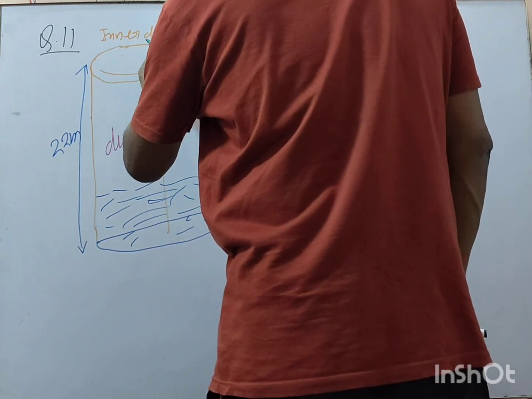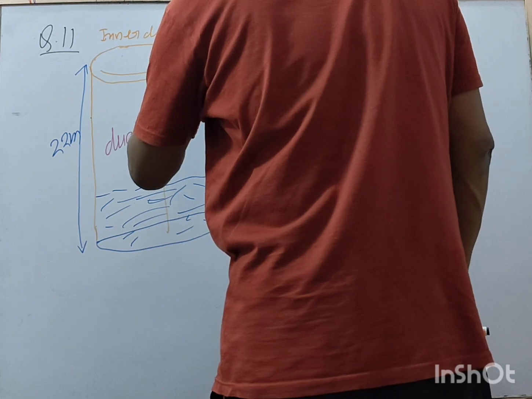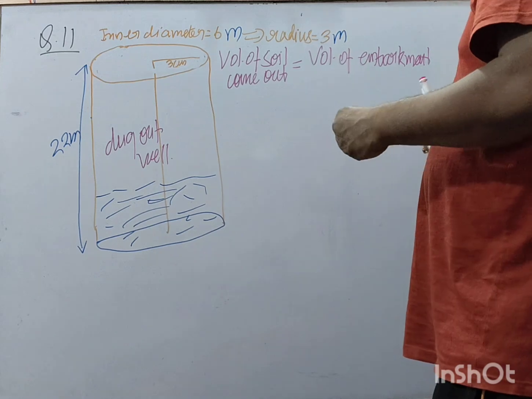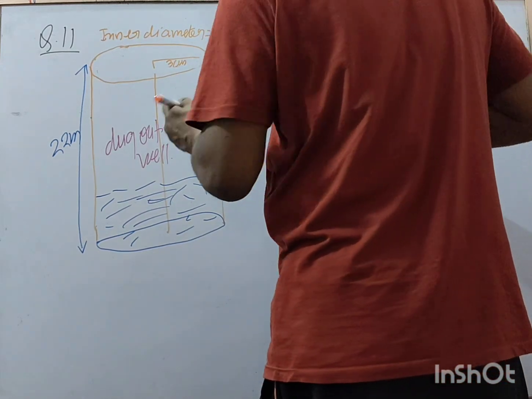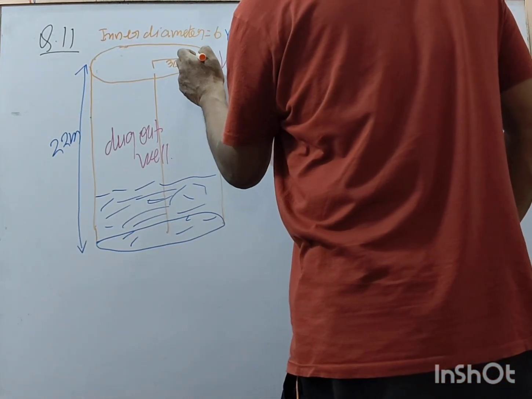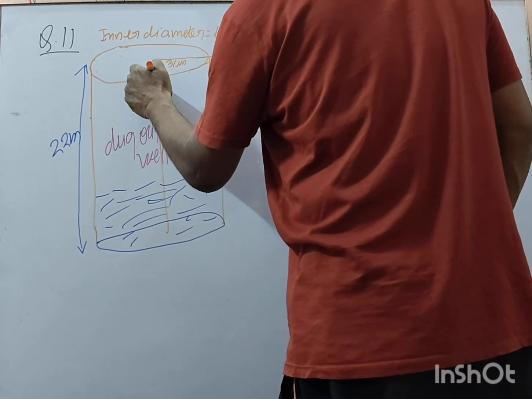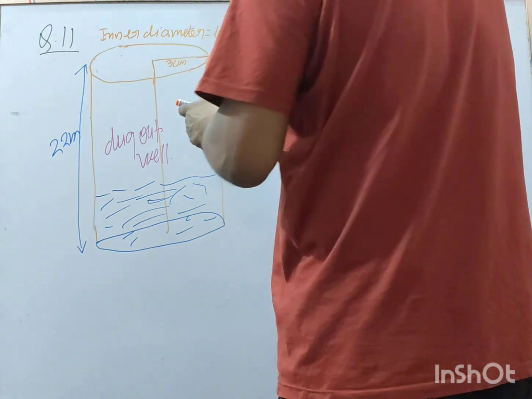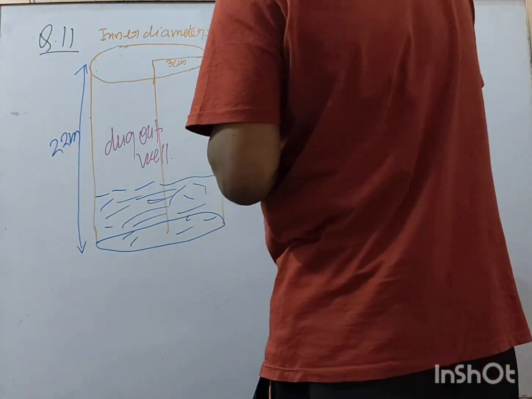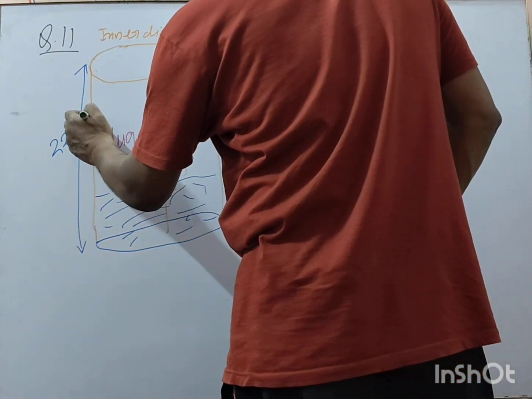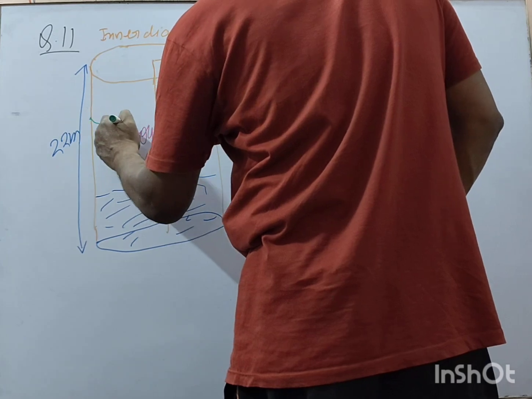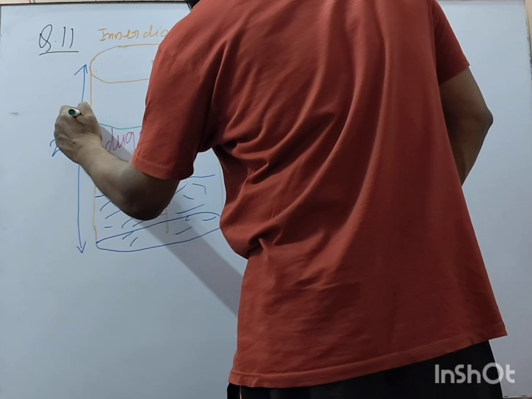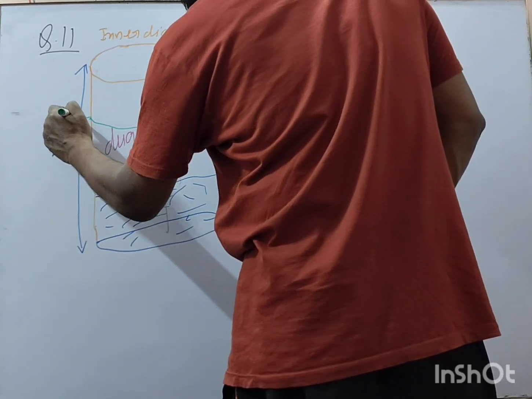If I remove it from here, the inner diameter is 3 meter, and there is an embankment here like this.